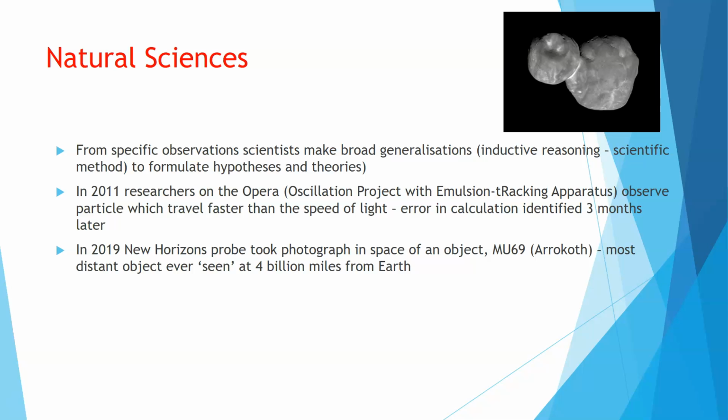And so one of the things that we can talk about in natural sciences is how we might use tools and apparatus and equipment to help us enhance our sense perception to be able to see things. So, for example, microscopes and stethoscopes and the like.